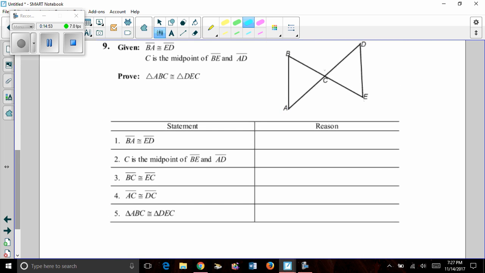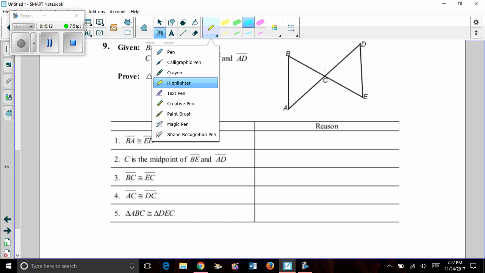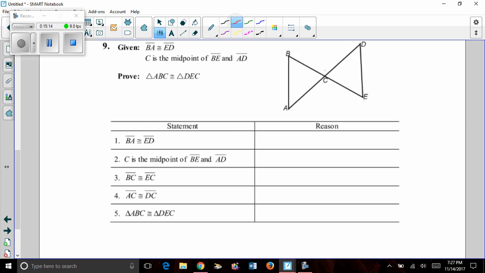Let's look at number 9. Number 9 is another big classic picture. It's very much similar to the one above. This definitely might pop up on a quiz or a test, so I want you to make sure you study this one. Let's begin by marking what we already have.